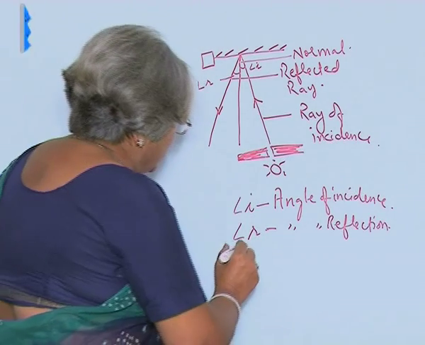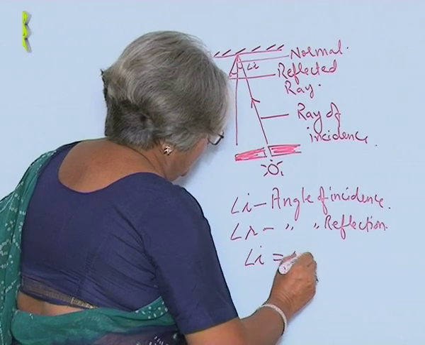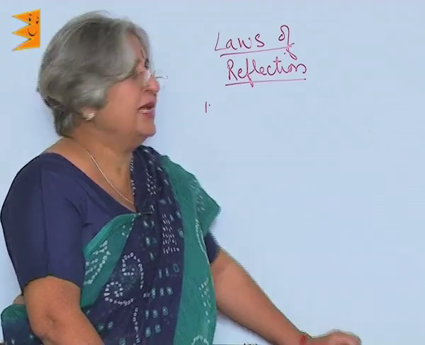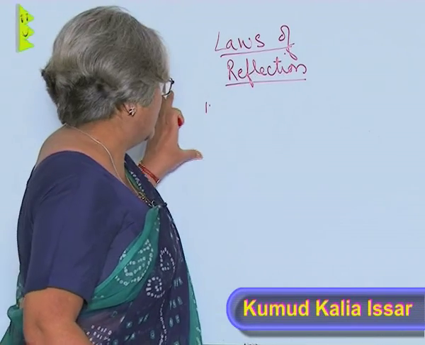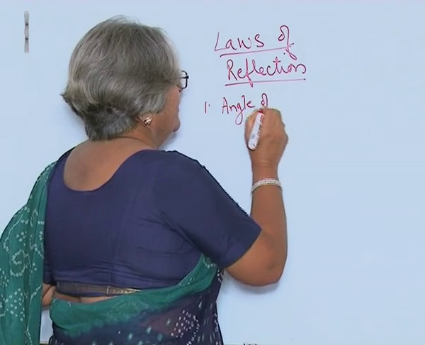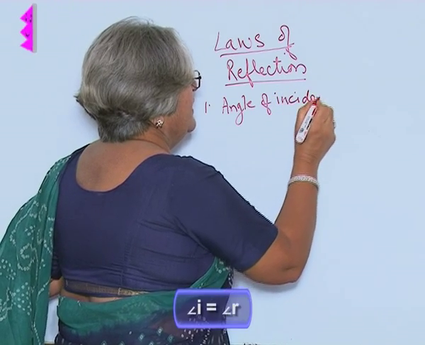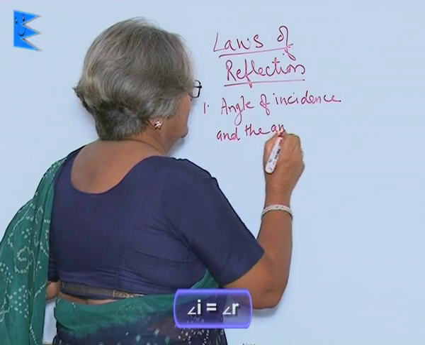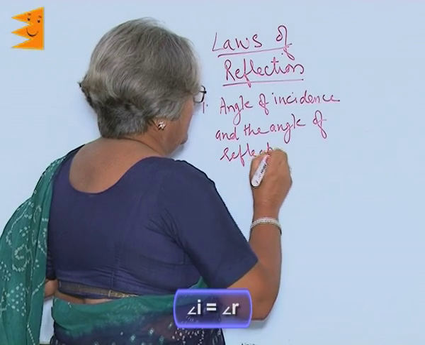So, the conclusion drawn from this activity is called laws of reflection. So, the first law of reflection is that the angle of incidence and the angle of reflection are equal.